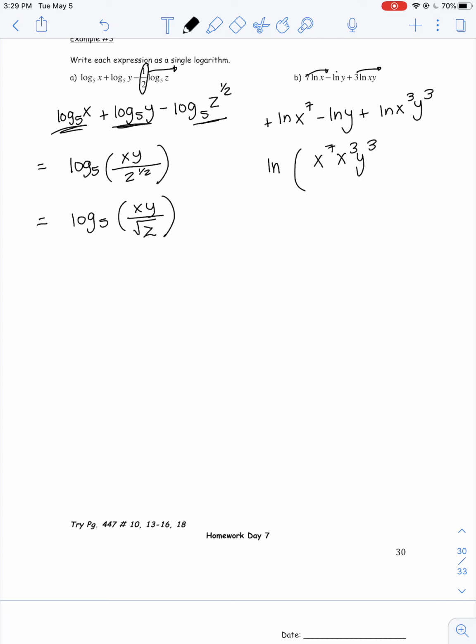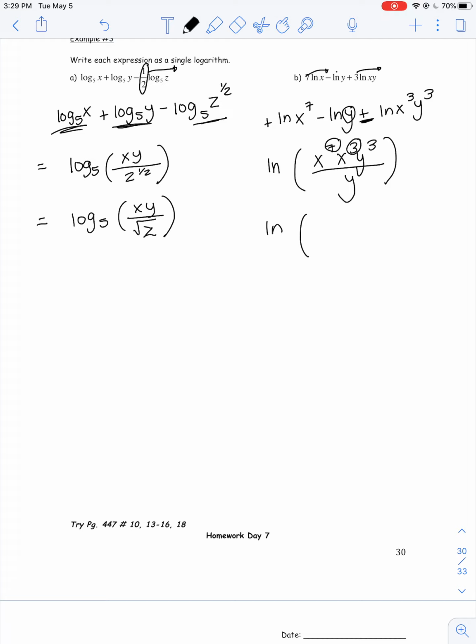Anything that follows an addition sign goes to the top of the fraction. So x to the power of 7 goes to the top, and x cubed and y cubed also go to the top because they're following an addition sign. Anything that follows a subtraction has to go to the denominator, so that y needs to go to the bottom.